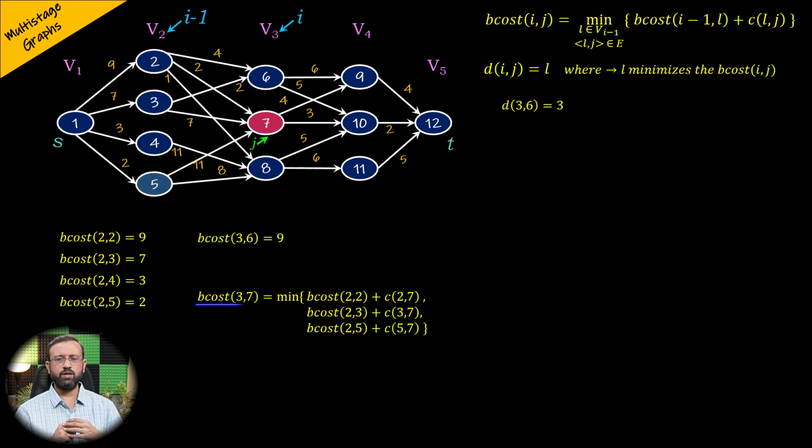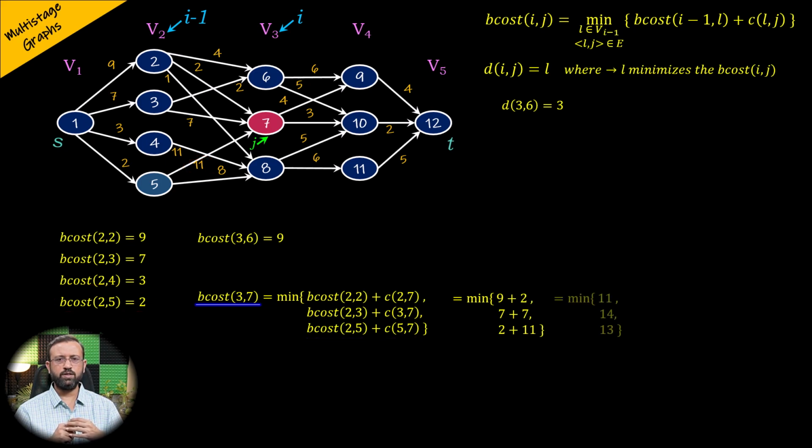So, the B cost of stage 3 and vertex 7 is equal to the minimum of B cost of 2, 2, which is 9, plus the cost of the edge 2, 7, which is 2, and the B cost of 2, 3, which is 7, plus the cost of the edge 3, 7, which is 7, and the B cost of 2, 5, which is 2, plus the cost of the edge 5, 7, which is 11.